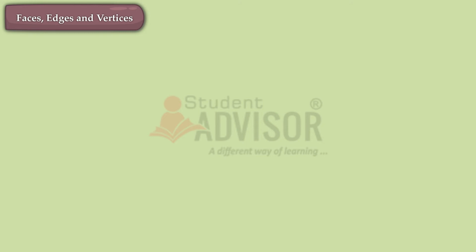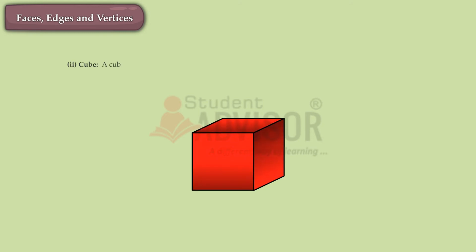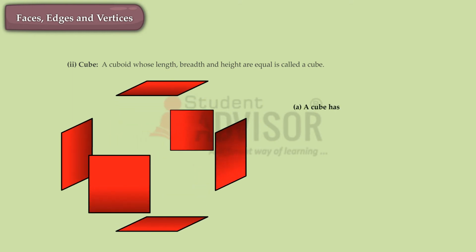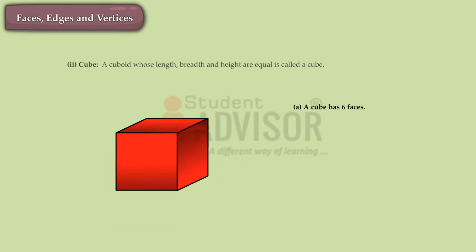Cube. A cuboid whose length, breadth, and height are equal is called a cube. A cube has 6 faces, 8 vertices, and 12 edges.